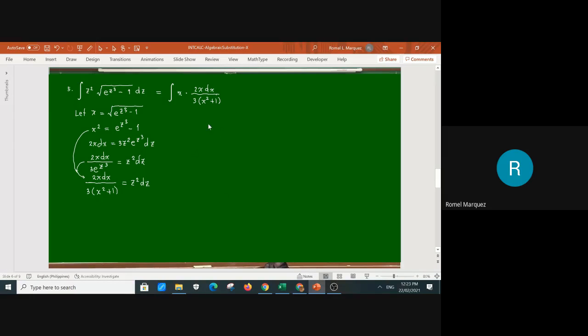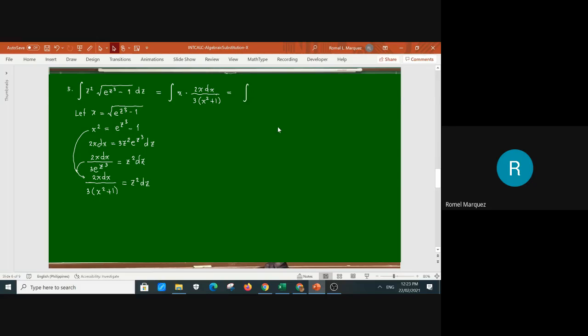Let's see what basic integration, or what other technique of integration, can work on this. When simplified, I will preserve this integral. We have 2/3, and we can move it out because that is a constant.